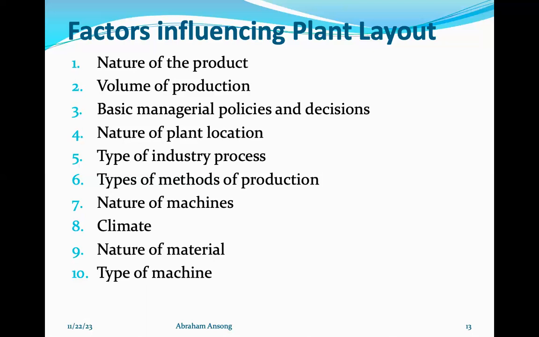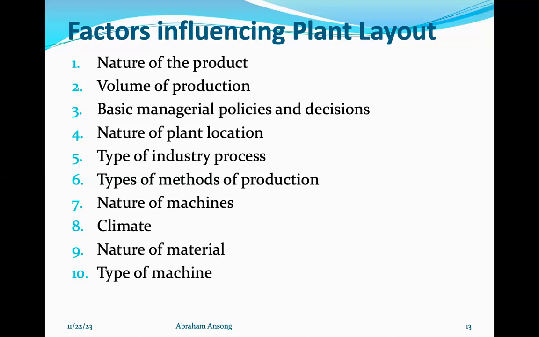But if you're dealing with line, whatever products that are light, you can easily move them from point A to point B to point C without any huge cost, or at a minimum cost. And therefore, you can choose to use what is known as the line layout. The second point to consider is the volume of production.